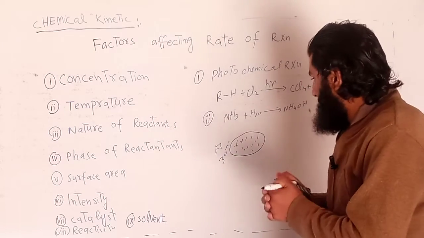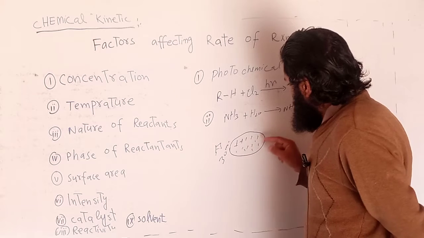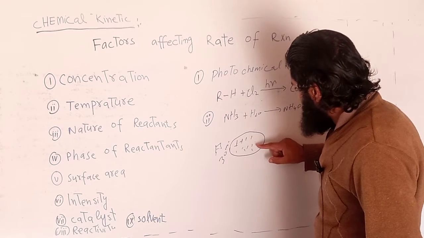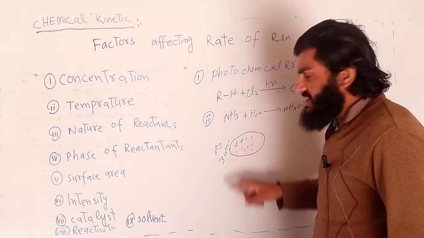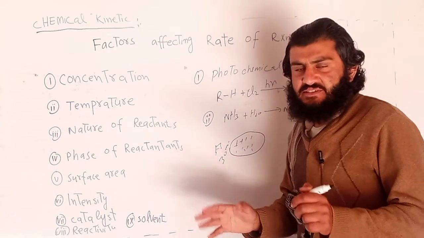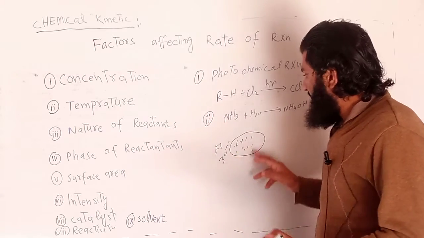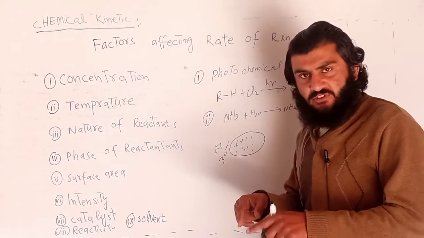Clear? So what happened? If we decrease some amount of trees from this forest, the efficiency of this man cannot increase or decrease, clear? Because there are a lot of trees in this forest.